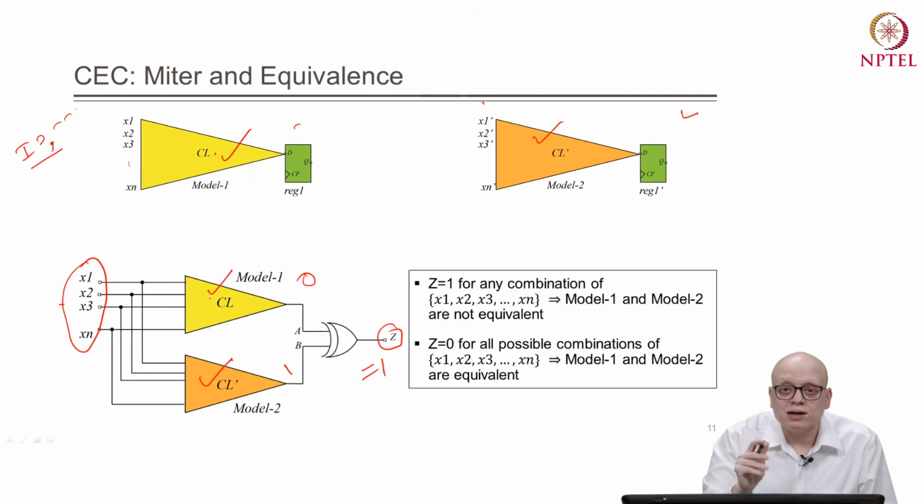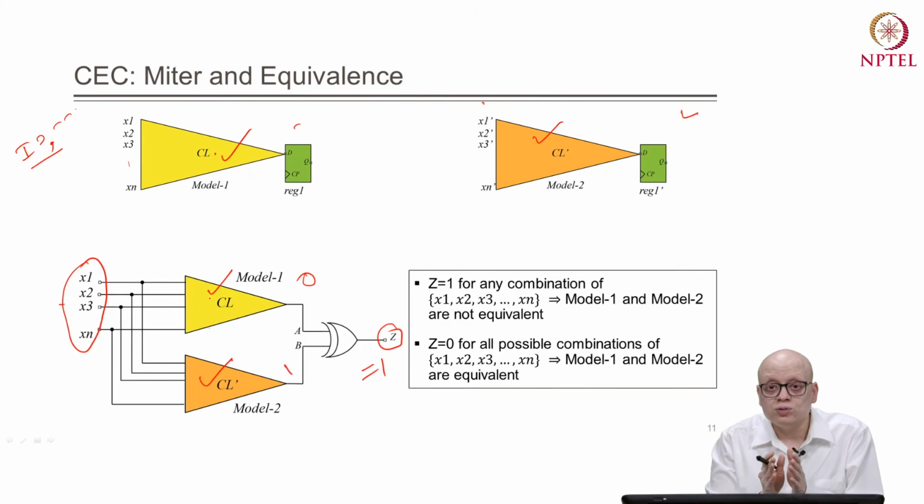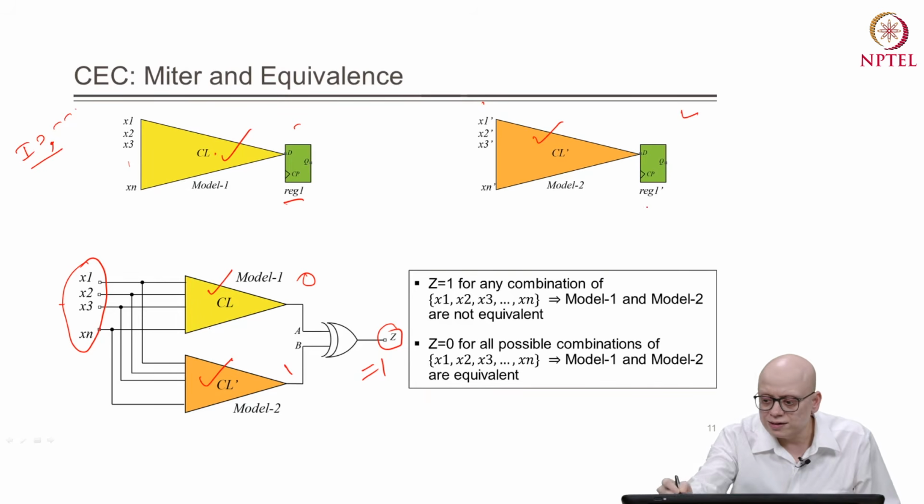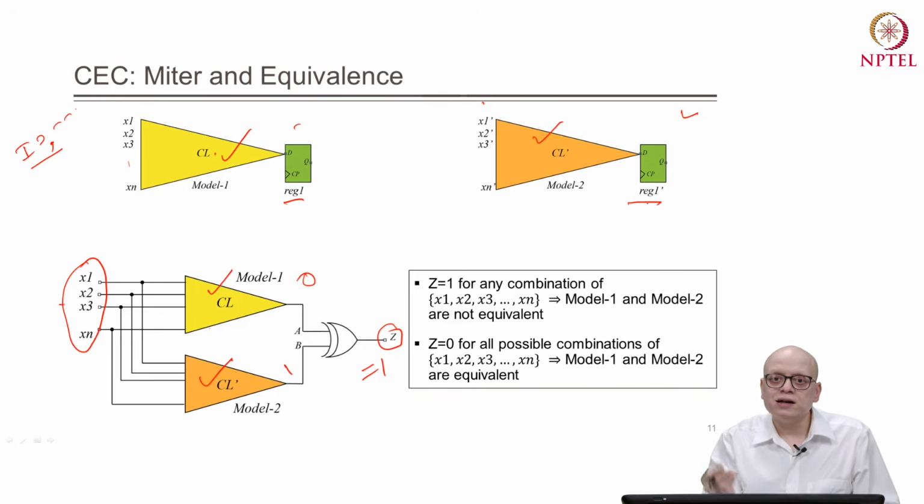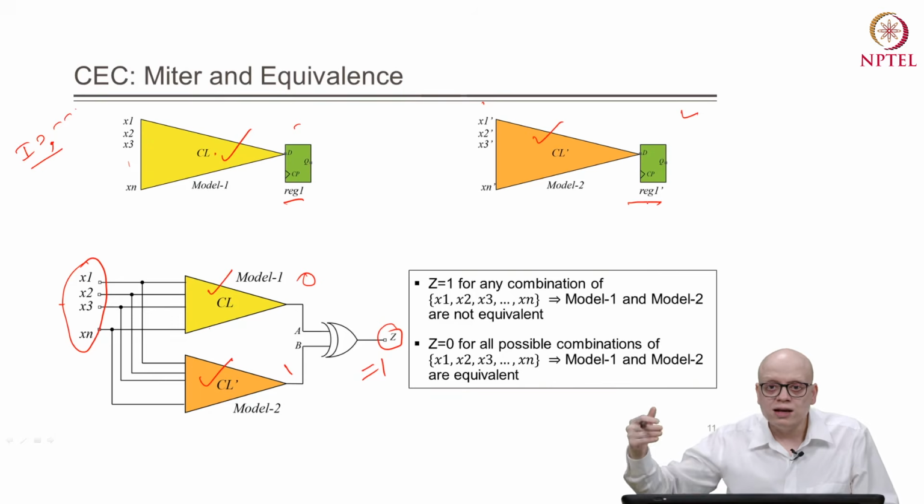We are only worried about this logic cone at this point of time, and subsequently other flip flops will also be picked. First we have picked, for example, reg 1 and reg 1 dash. Similarly, we will pick reg 2, reg 3 and reg 4, all four registers one by one, create a miter for each and verify the equivalence. Similarly, we will do it for the output port.